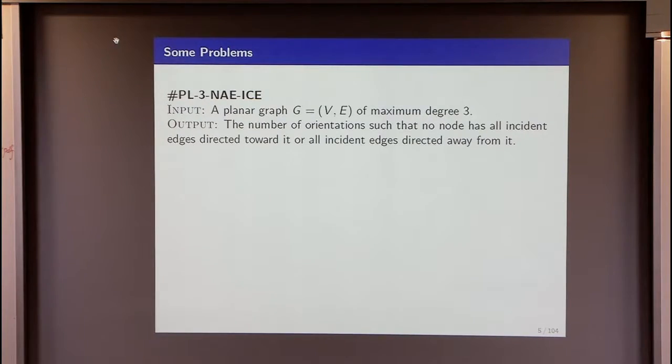So every vertex has degree 3. And you're looking for orientations. So an orientation is an assignment of a direction for each edge, either this way or that way. And then at every vertex, this is called the Ising model or some ice model or something. You want at every vertex that it is not the case that everybody is coming in or everybody is going away.